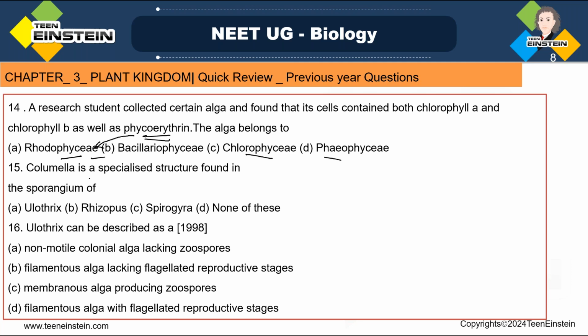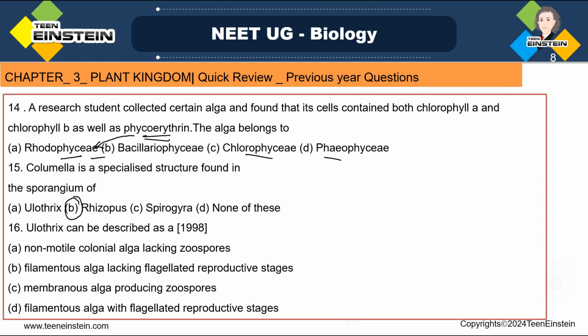Next, question number 15. Columella is a specialized structure found in the sporangium of which one? Options are Ulothrix, Rhizopus, Spirogyra, none of these. Here option B, Rhizopus: columella is the specialized structure found in the sporangium of Rhizopus.